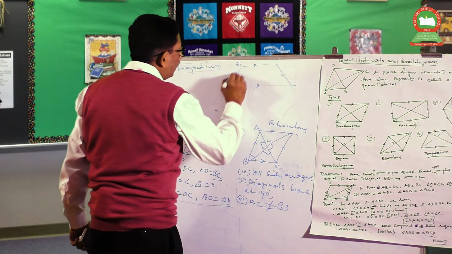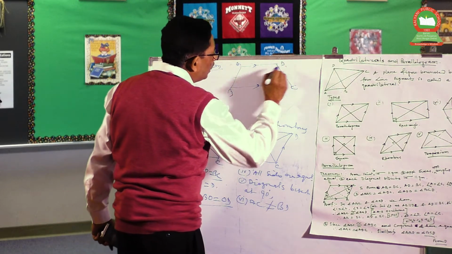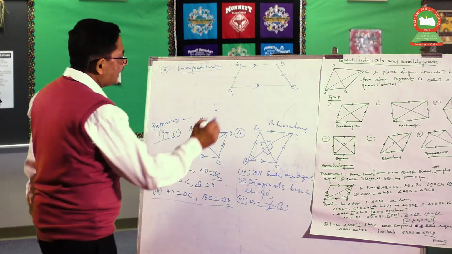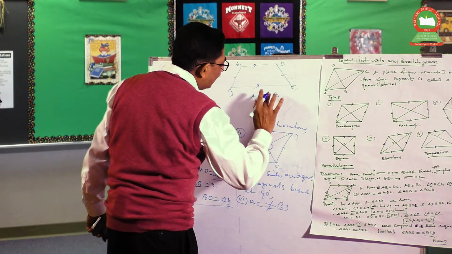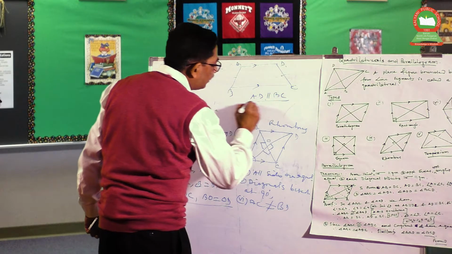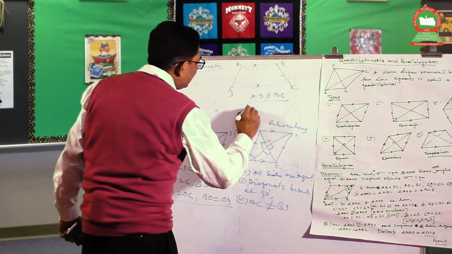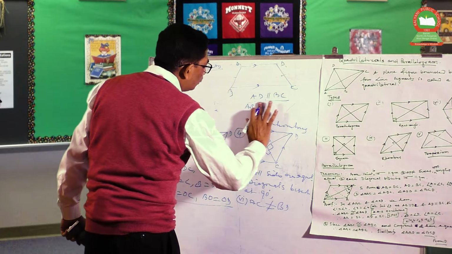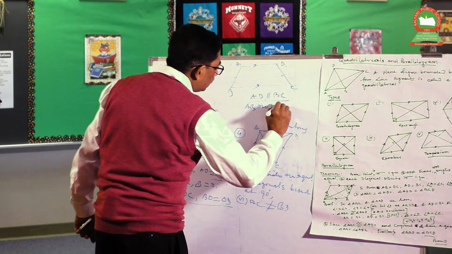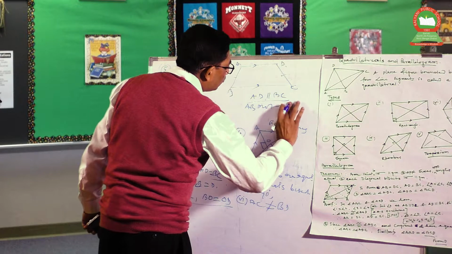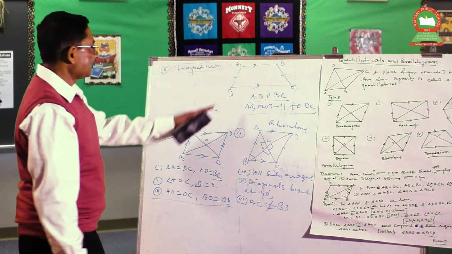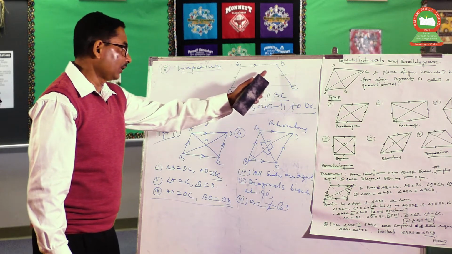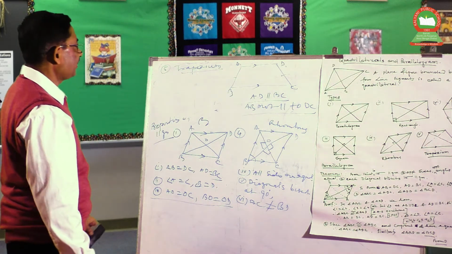So this type of quadrilateral is called a trapezium. That is, AD is parallel to BC, and AB not parallel to DC. So this type of quadrilateral is called the trapezium.